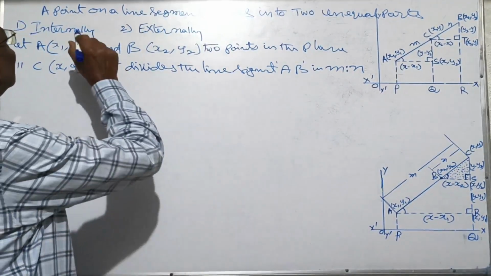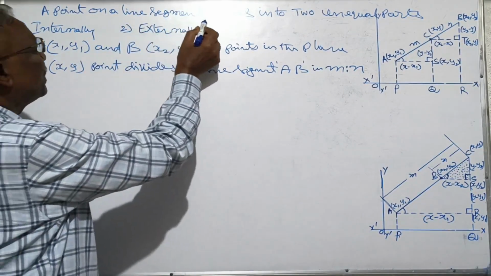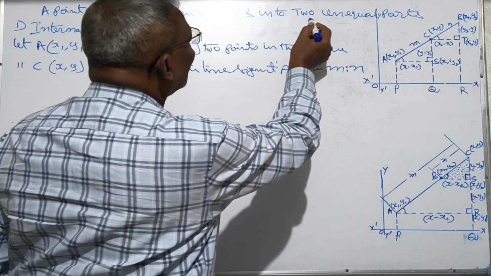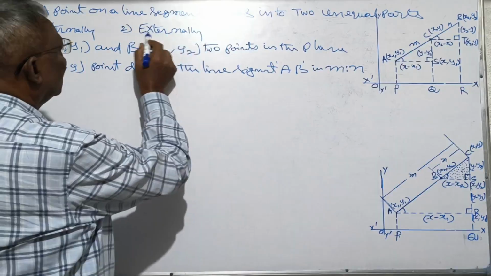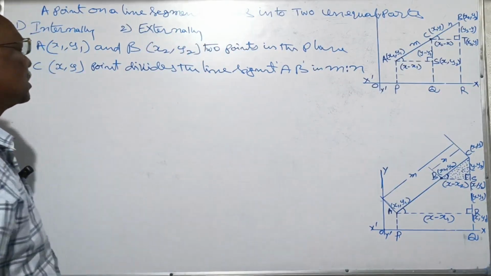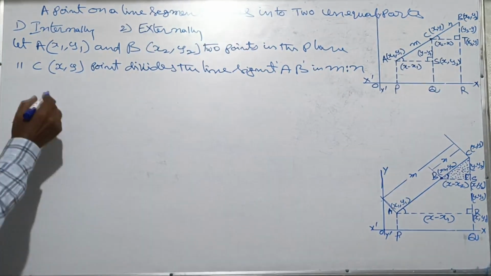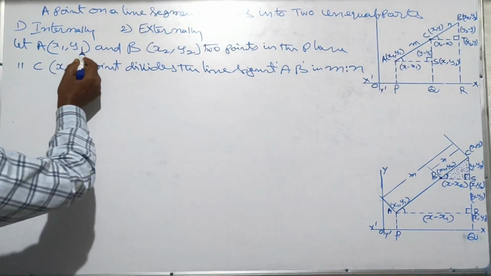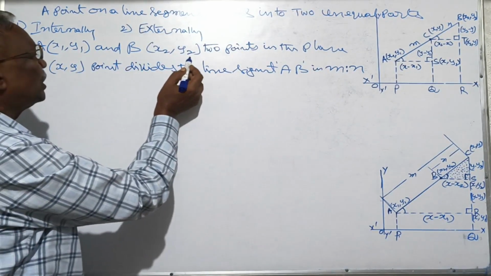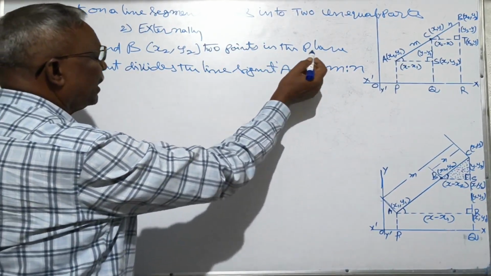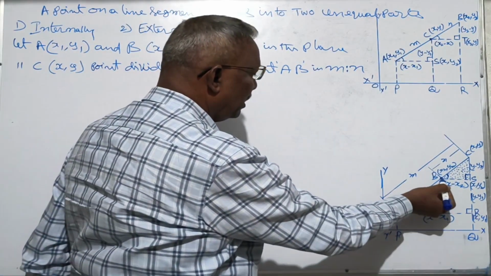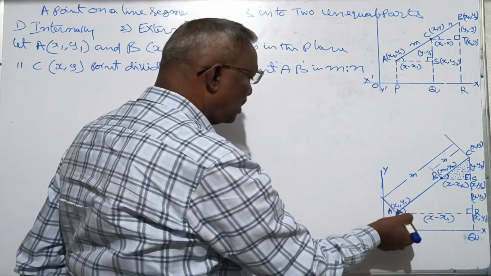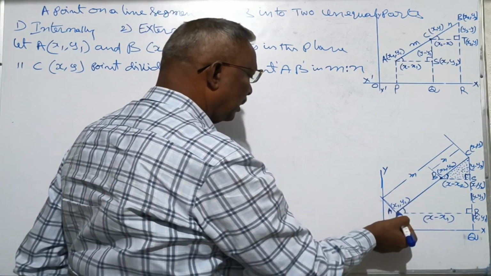Next, a point on a line segment divides into two unequal parts externally. Let A(x1, y1) and B(x2, y2) be two points in the plane.